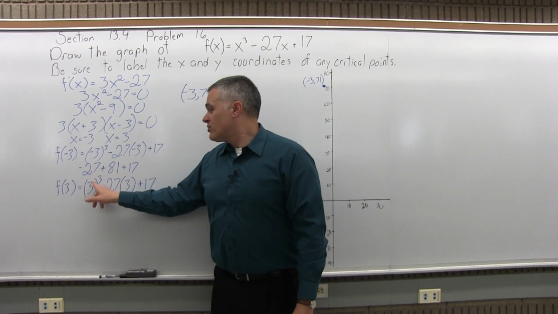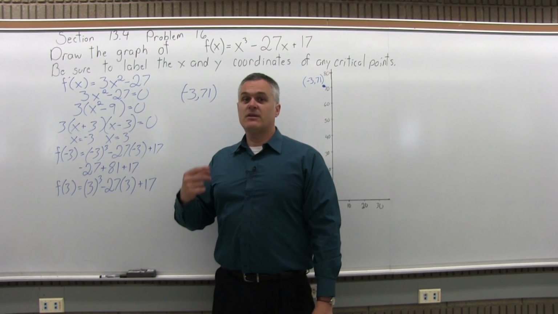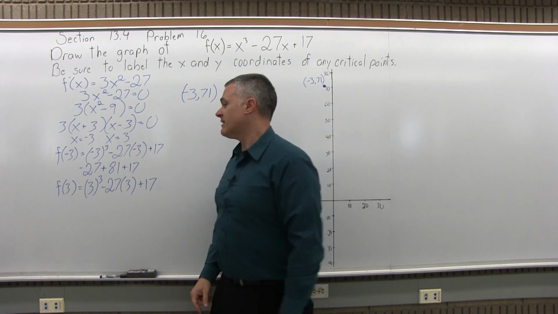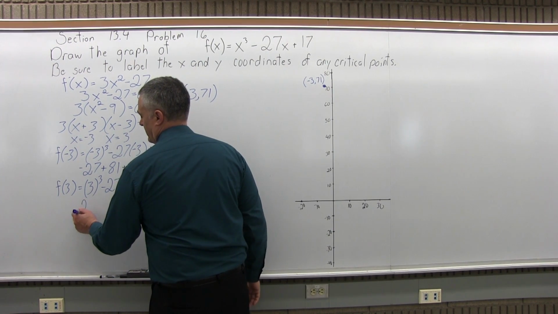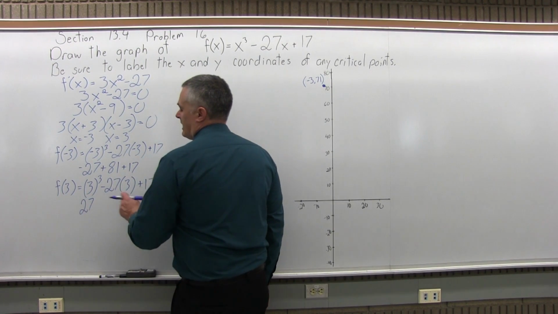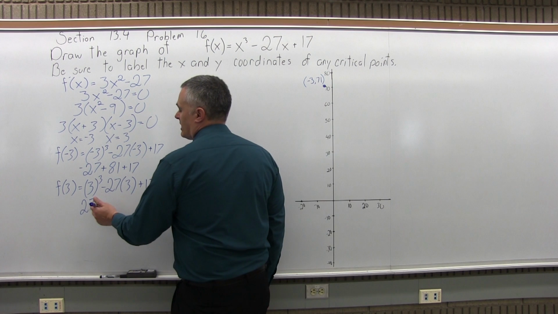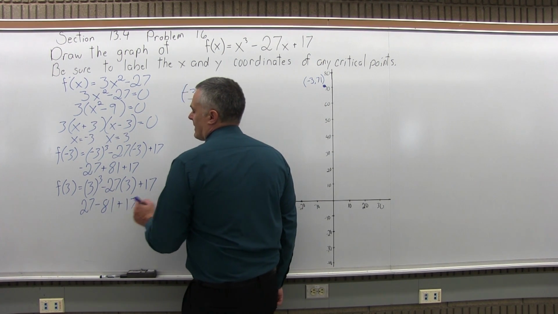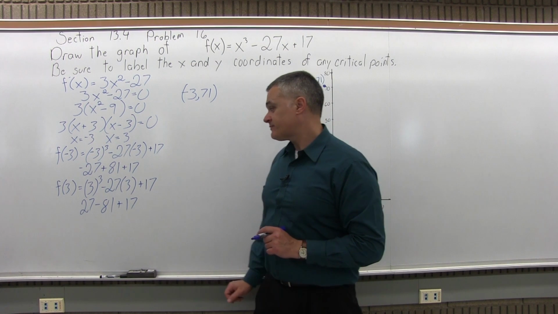Again, 3 cubed is 3 times 3 times 3, itself 3 times. So 3, 9, 27 is what you get when you multiply that out, 3 to the third. Now, minus 27 times positive 3 is negative 81, and I have a positive 17.